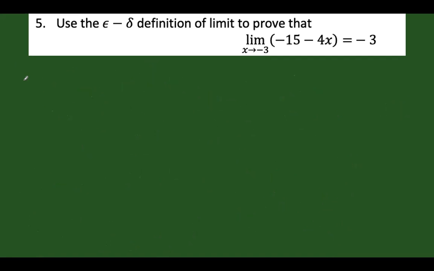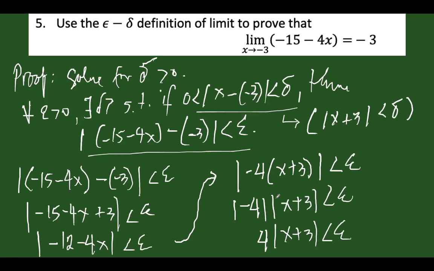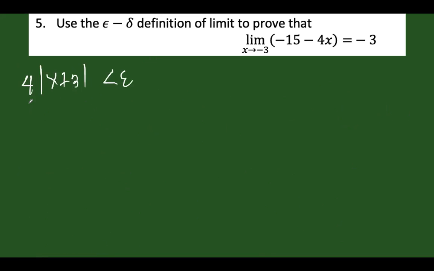Let's move on to the next slide. Our last step was 4 times the absolute value of x plus 3 is less than epsilon. Again, we're looking for the expression absolute value of x plus 3 less than delta, so we can divide both sides by 4. We have the absolute value of x plus 3 is less than epsilon over 4.